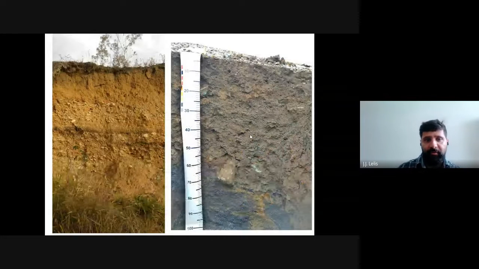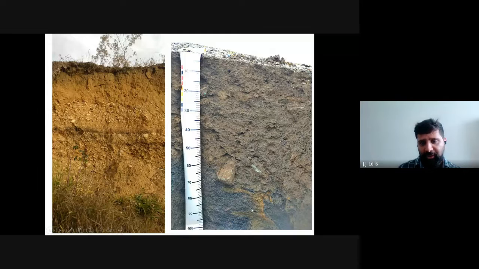We can see in these cases, it's quite easy to find that we have a material here that has a gray color. It's quite easy to differentiate it from this brown and dark brown color. So we have two different materials.